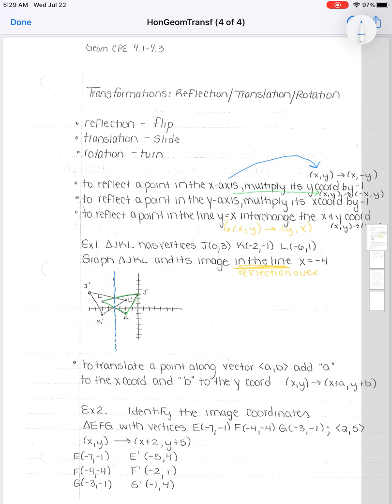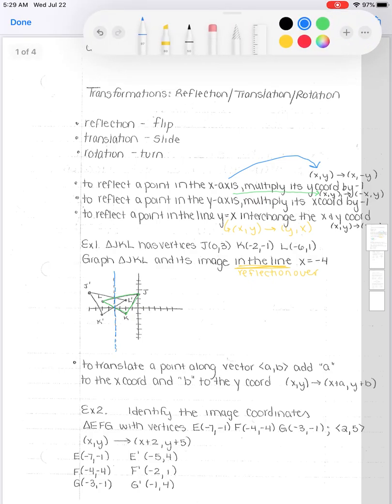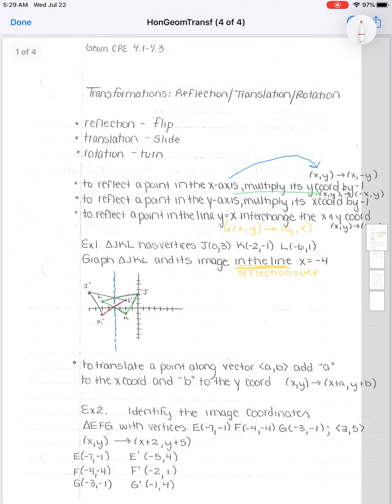Now, if you notice, these new points have the same letters, you just have that little tick mark there, which basically represents something called prime, and it's the image of where you're ending up. So the image is where the final triangle finishes up, but you want everything to be labeled.